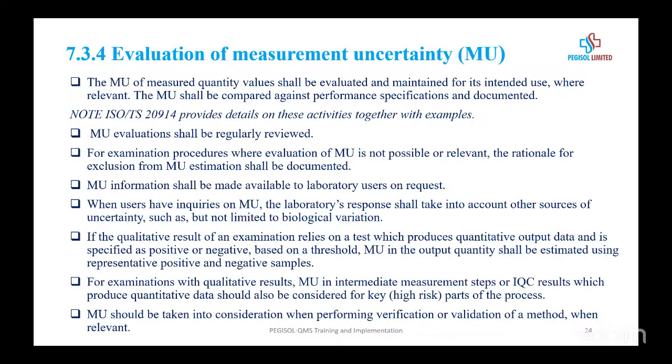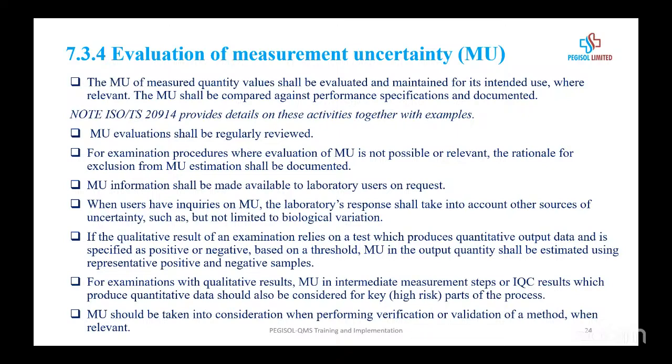Now, for examination procedures where evaluation of MU is not possible or relevant, the rationale for exclusion of the MU estimation shall be documented. So, some of those qualitative tests, which may not be applicable for MU, you have to state them. MU information shall be made available to the laboratory users on request if they ask.